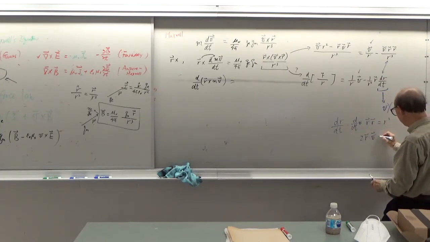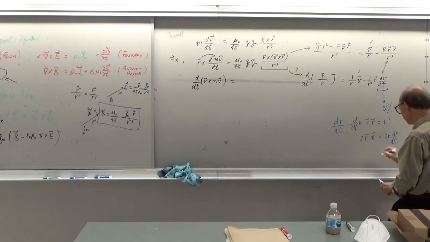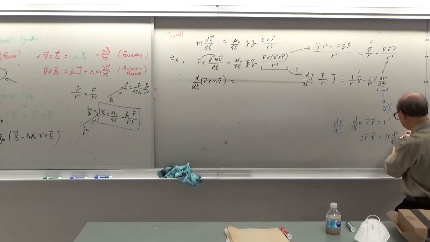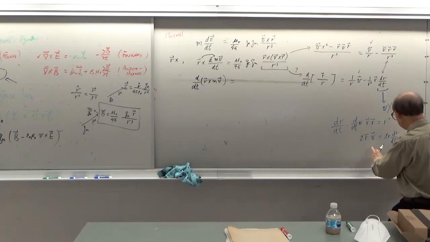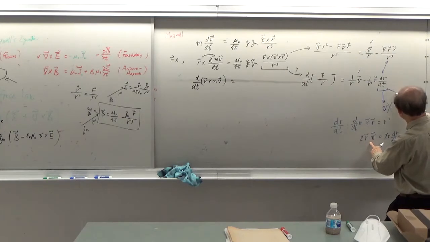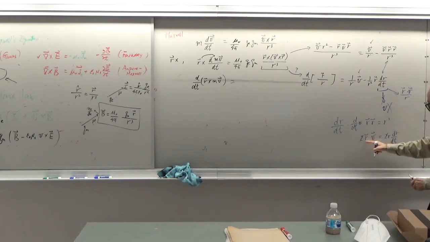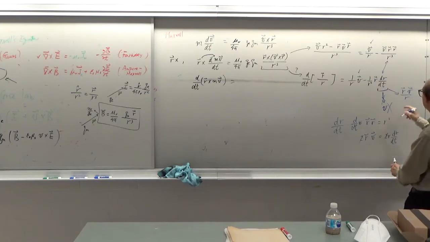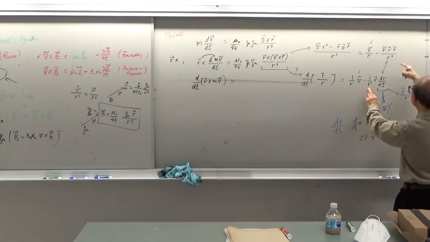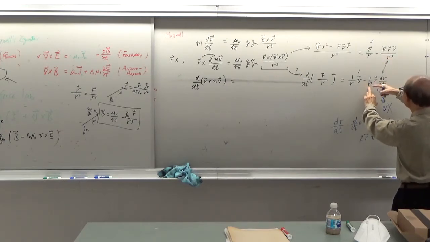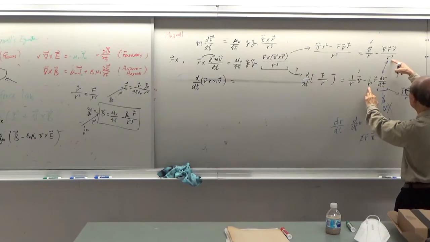And on the right side is 2r dr/dt. So that dr/dt is not v, but r dot v over r.